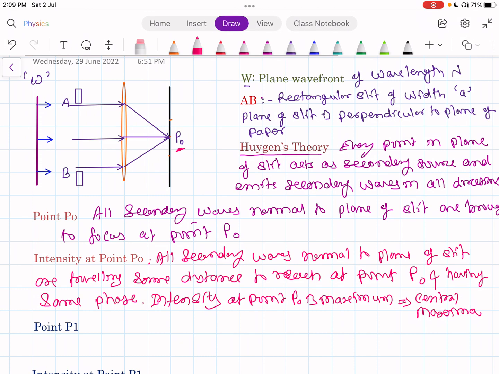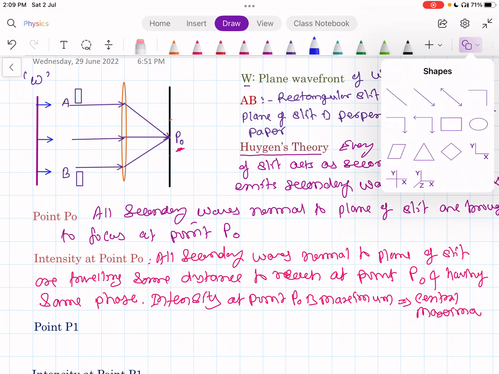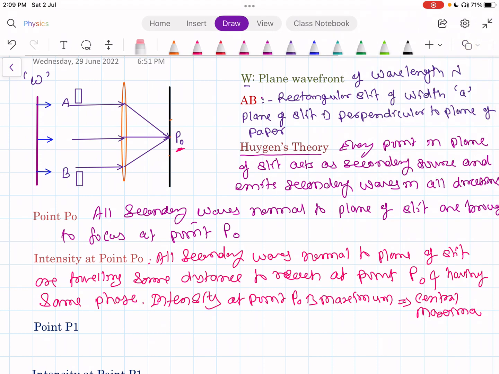Then we will consider one more point on the screen, which is where all secondary waves which are making an angle theta with normal to the plane of the slit are focused. So these are the secondary waves which are making an angle theta with normal to the plane of the slit. In this case, normal to the plane of the slit is this direction.